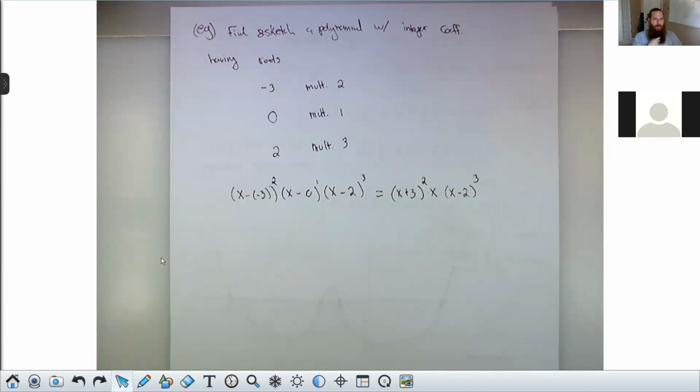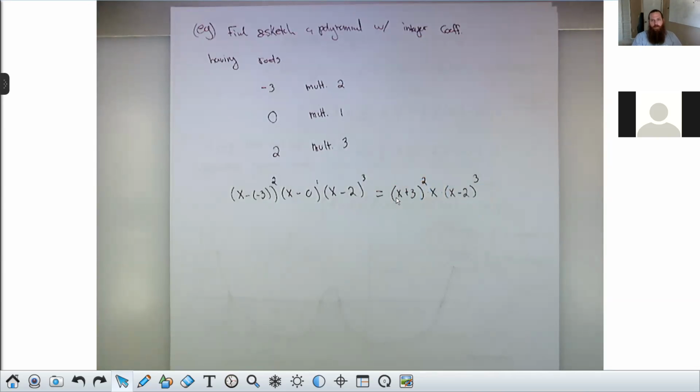If I multiplied all of this out, this guy's lead term, if I FOIL him, is x squared. This is x squared plus 6x plus 9. This would make that x cubed plus 6x squared plus 9x. And then when I multiply all this out, the lead term from this is x cubed.